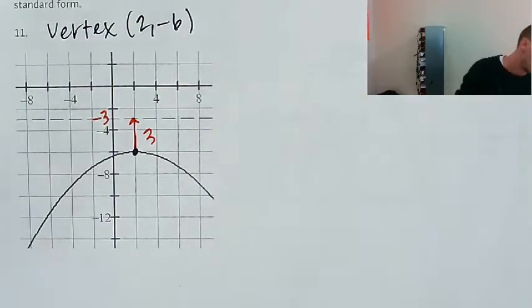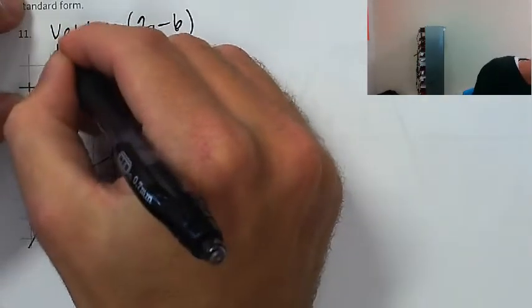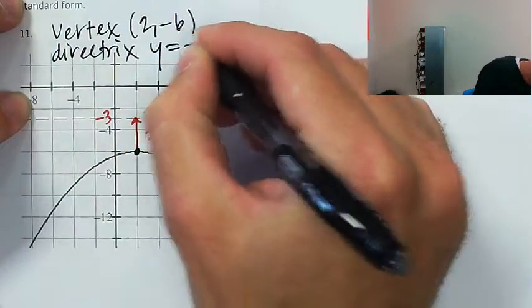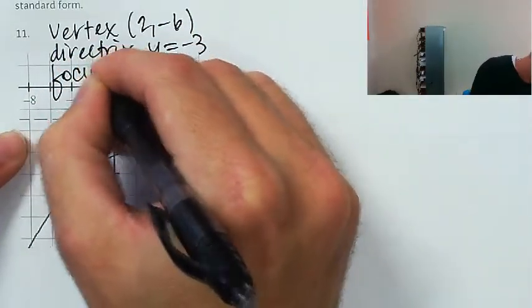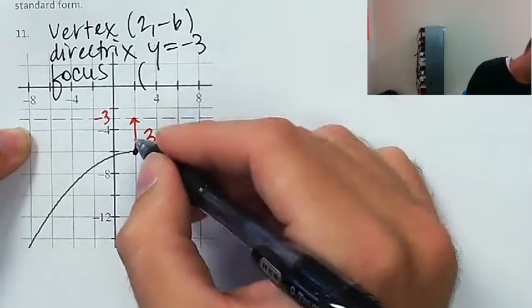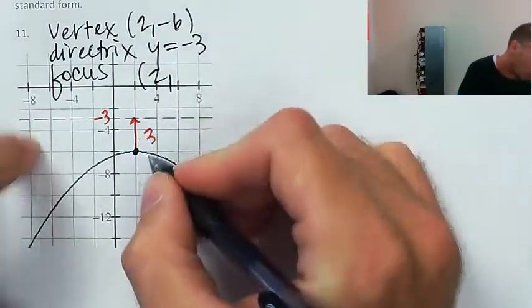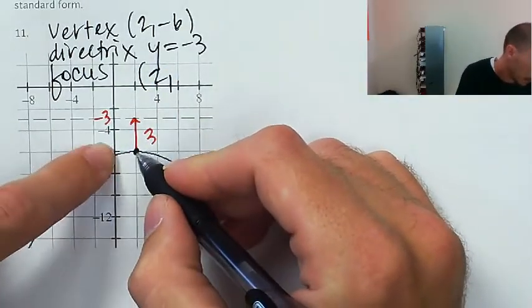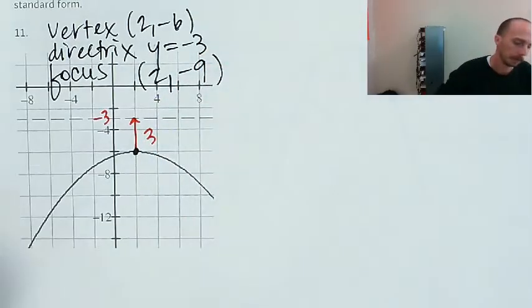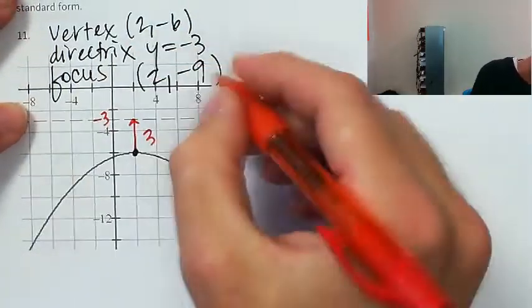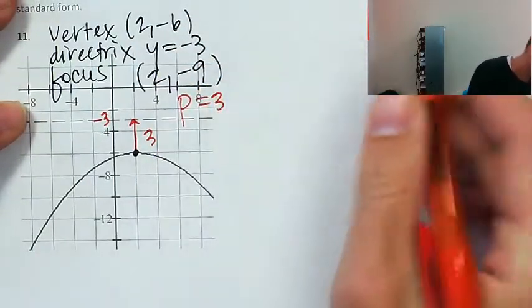So I've got vertex, directrix y equals -3. I know it didn't ask for it, but the focus point is going to be where x is 2 and y is -6 minus 3, which is -9. What I really need is p equals 3.